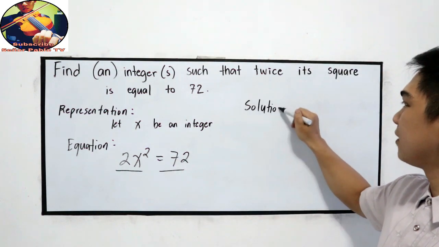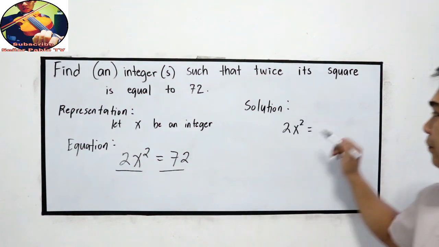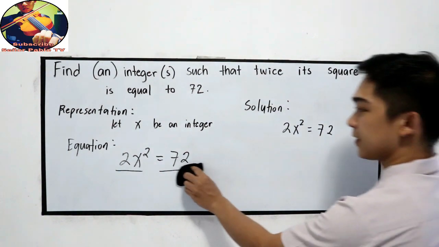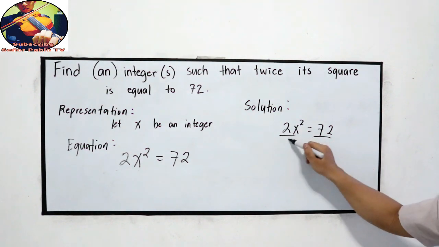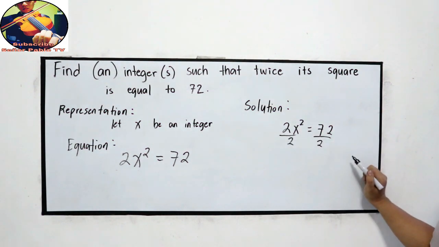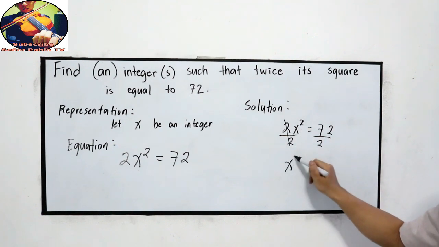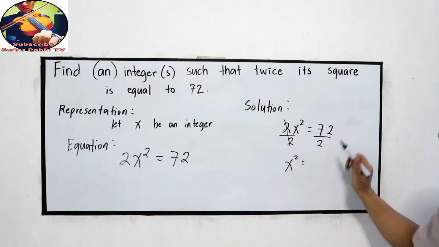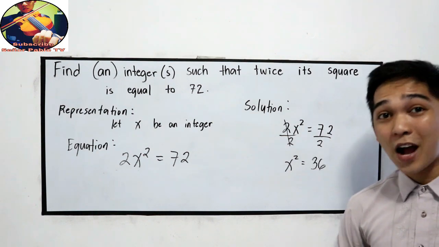Our solution. 2x squared is equal to 72. Divide by 2. So, x squared is equal to 72 divided by 2. That is 36. Now, extract the square root.